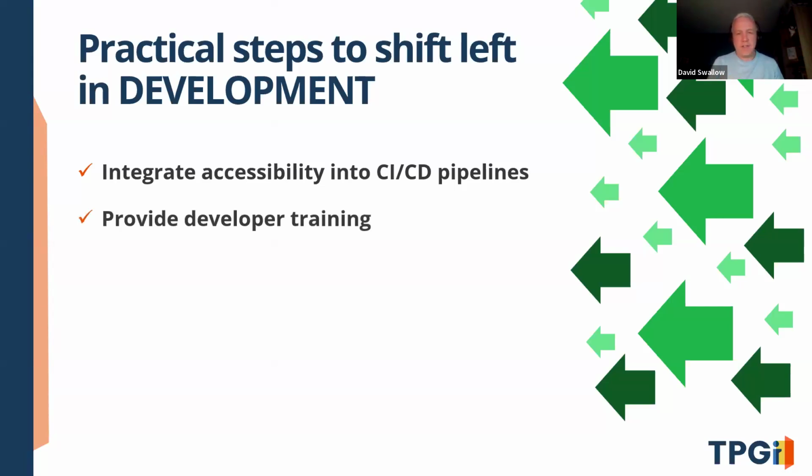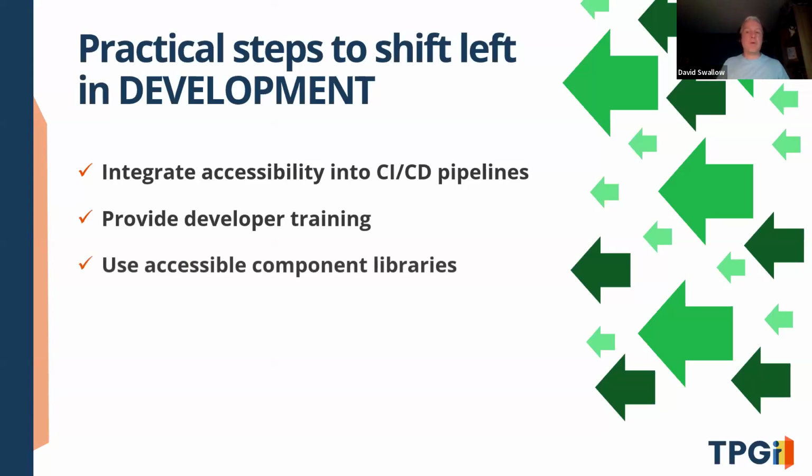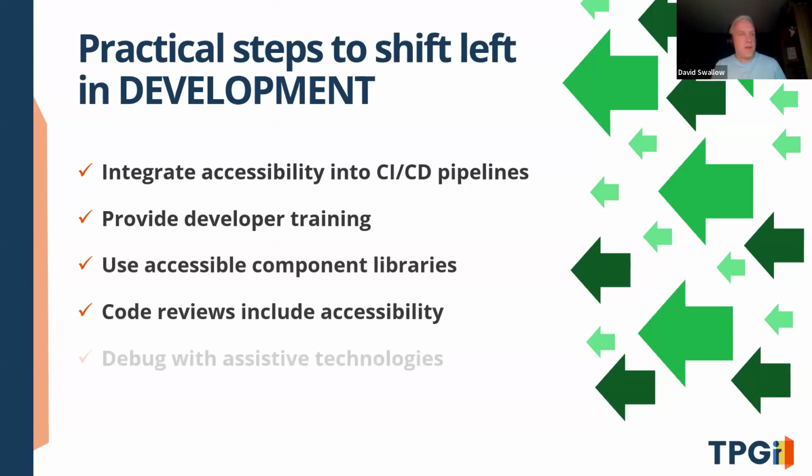Use accessible component libraries. So pre-built components should meet accessible standards out of the box. Code reviews could include accessibility. So accessibility can be part of pull request reviews, not just functionality or security.